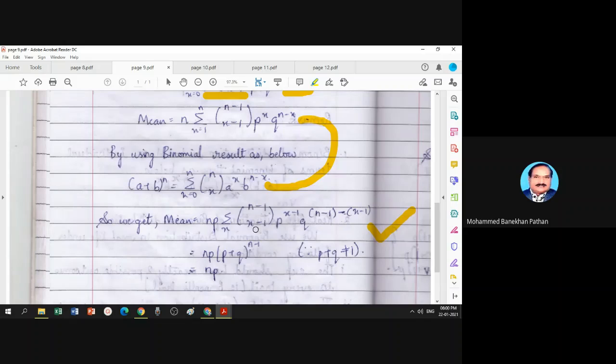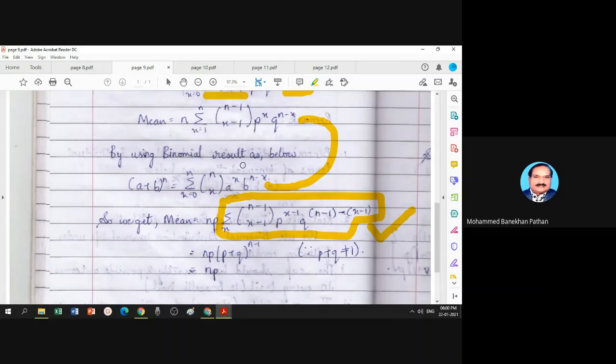Now you can see this exactly satisfies the characteristics of your binomial theorem. Again I repeat, (a plus b) to the power n is written as the summation over x from 0 to n of nCx a raised to x b raised to n minus x.